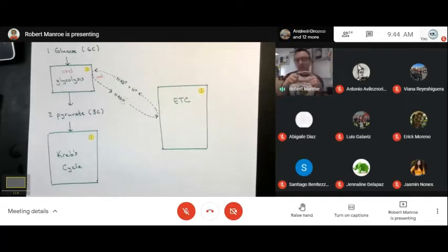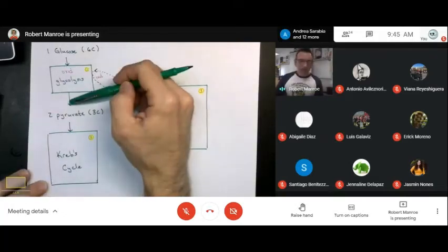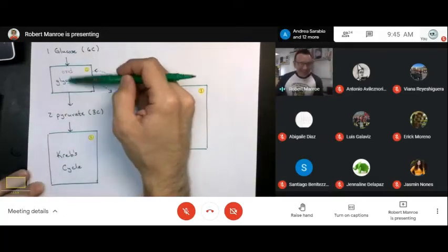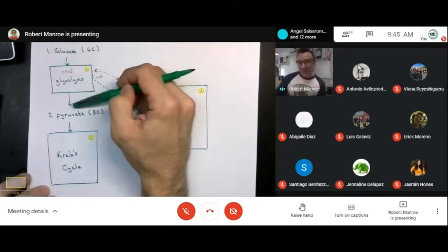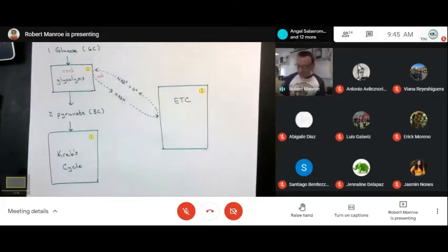Fine. So 6 carbons all together, glucose. Rip this in half, pyruvate. Now, do you think there might be a little chemistry that I'm overlooking right here? Just a little. There's 10 steps here. And if you're a bio major, you will take biochemistry your junior year, and your professors will make you memorize those 10 steps. It's not difficult, it's memorization.